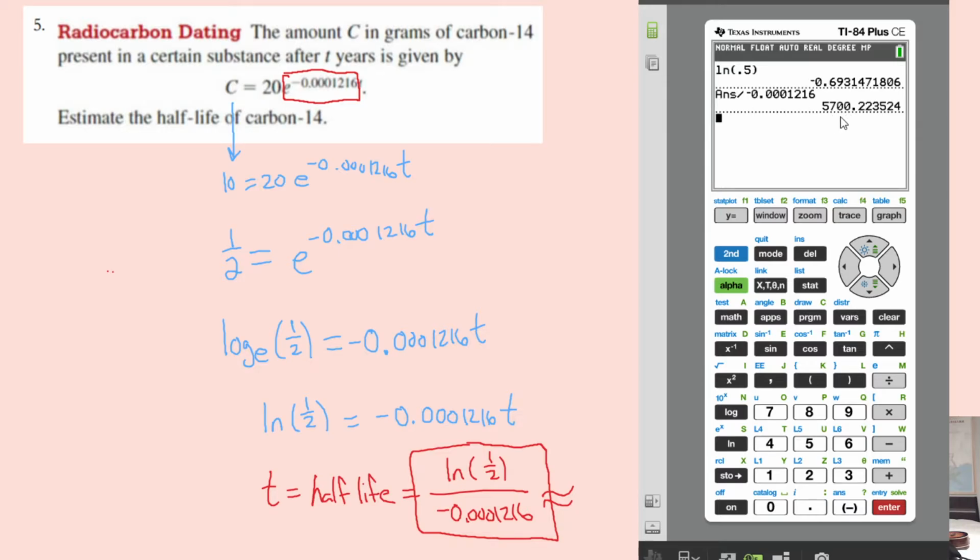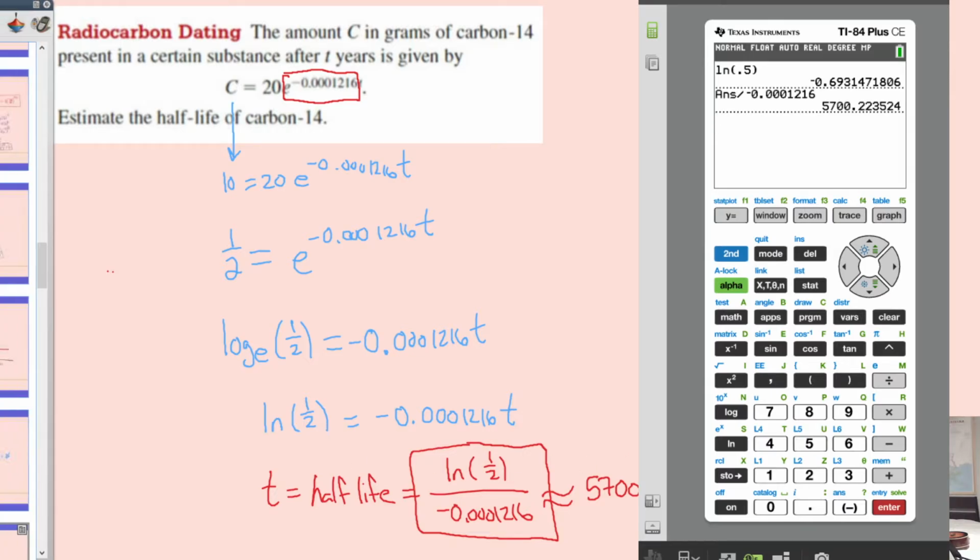We did it in class. You should already have this answer. But the 5,700 years plus a little bit of change, that's the approximate value of that. So we could write that down. 5,700 point blah blah blah. 224 if we're rounding appropriately.